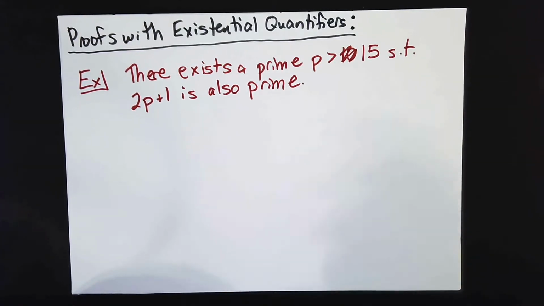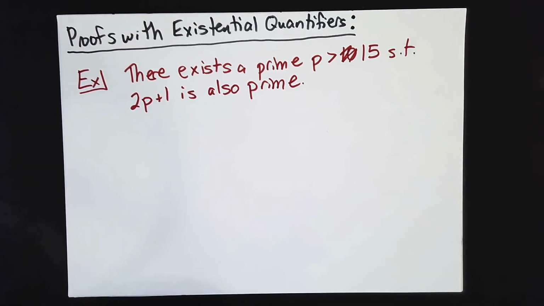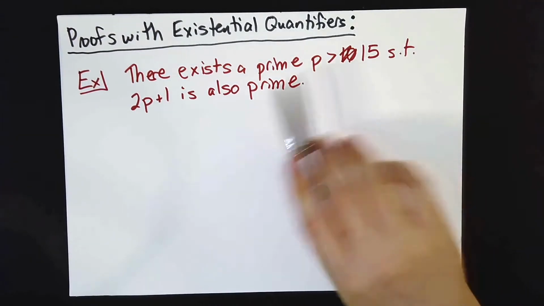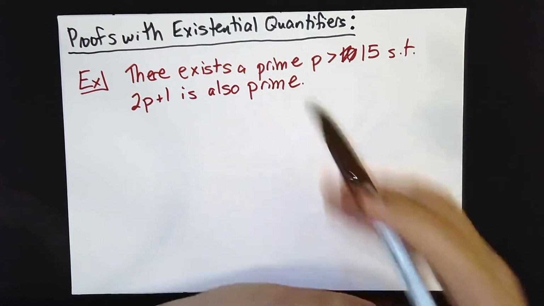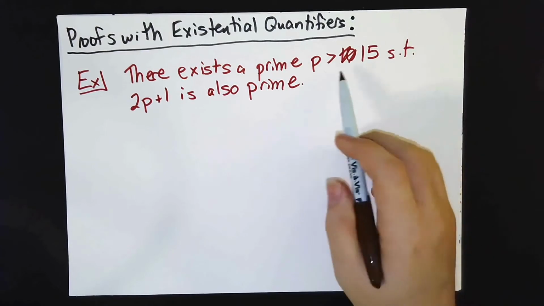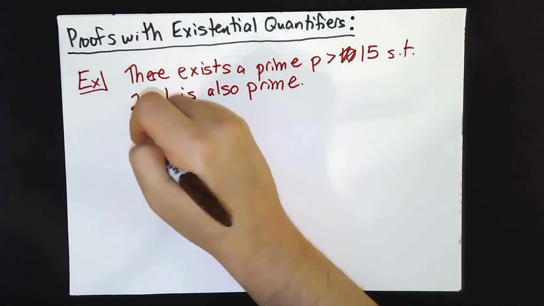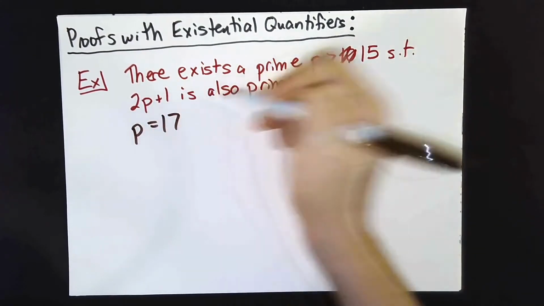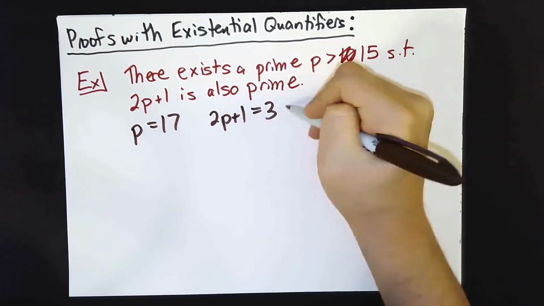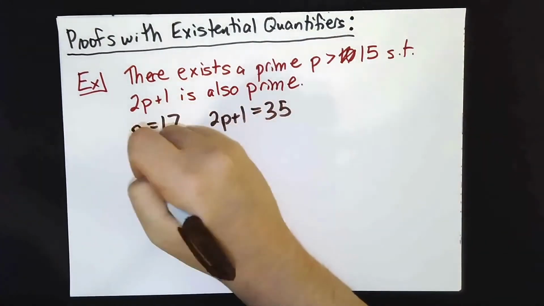A proof of this statement looks like an example. Namely, I'm just saying out of the set of all the primes bigger than 15, one of them at least has this property. So how do I write down a proof of this? Well, I need to just sort of start looking. So let's see, if p is 17, then 2p plus 1 would be 35. Well, that's no good.